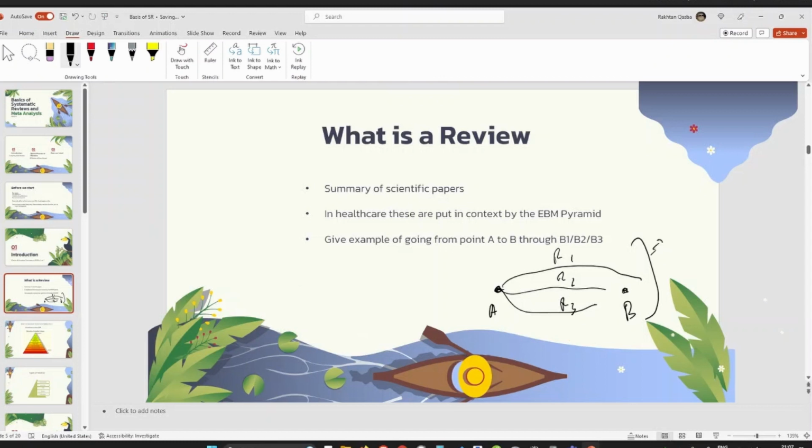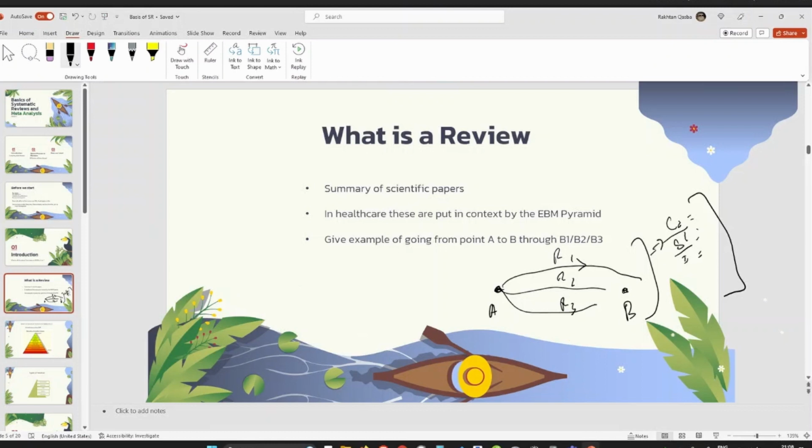As we go through road 1, we summarize the number of cars, shops, and intersections. We do the same for road 2 and road 3, from A to B. This is the simplest form of review, which we can call the narrative review.